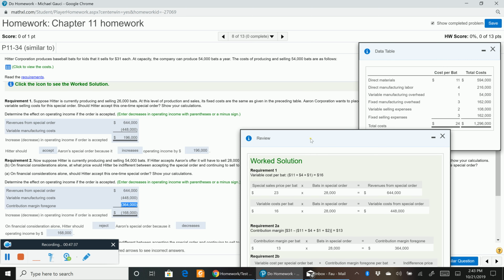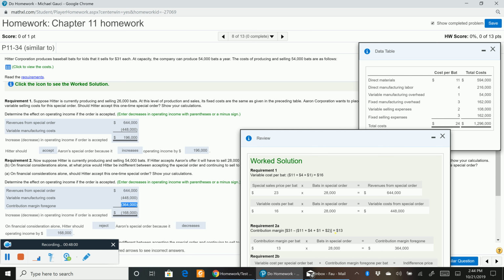Okay. What is the contribution margin on our regular customers? Well, selling price, I'm down here circling. Hopefully you see me. All right. The regular sales price is 31. And our variable expenses are 11 for the materials, 4 for the labor, 1 for the variable overhead, and 2 for the selling expenses.